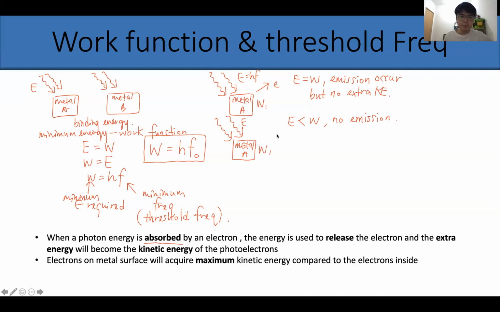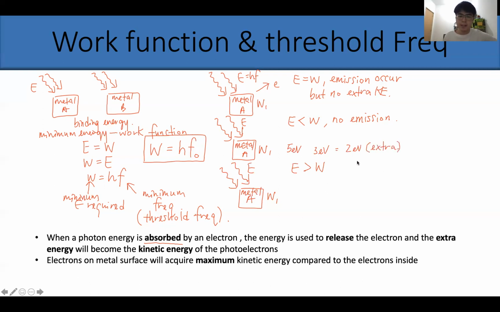Now, the third situation is when I supply energy that is larger than the work function. If energy is larger than the work function, then what happens? Say the work function is 3 electron volt. You need 3 electron volt to emit the electron, but you're supplying it with 5 electron volt. So 5 minus 3, you get 2 electron volt extra, right?